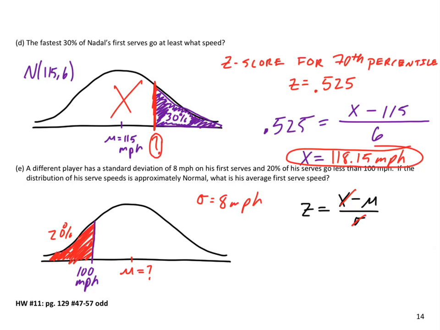But couldn't you tell me what the z-score was? What's the z-score for the lower 20%? So the z-score for the 20th percentile.